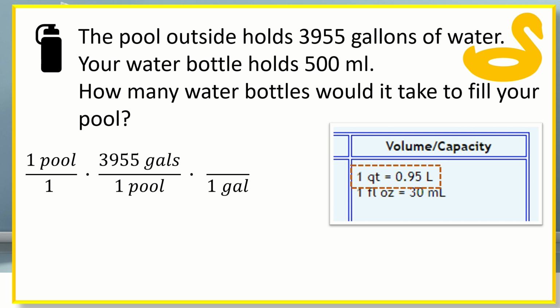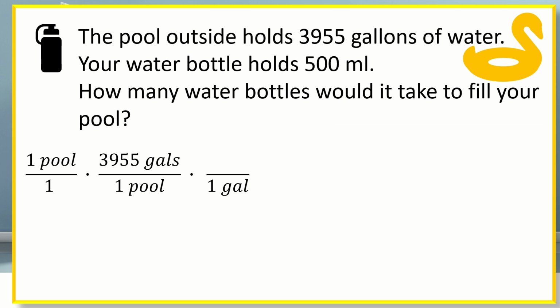So where am I trying to go from gallons? I'm trying to get to quarts. I note that 1 gallon is 4 quarts. And from the sheet we were just looking at, 1 quart is 0.95 liters.